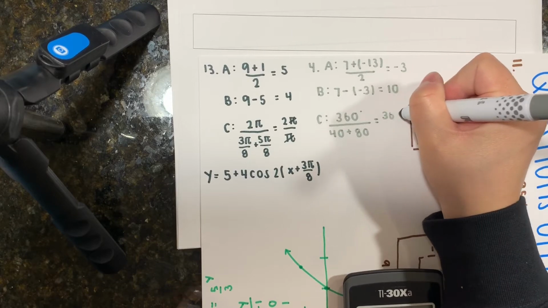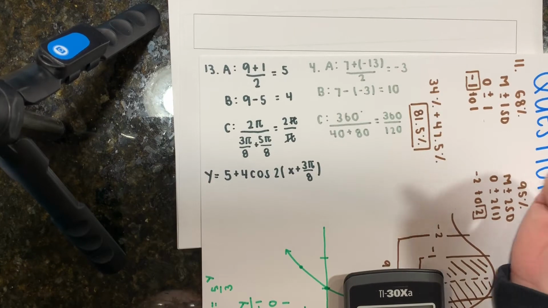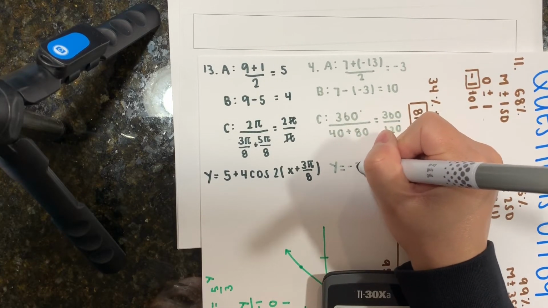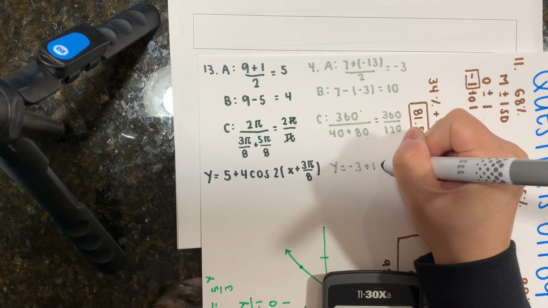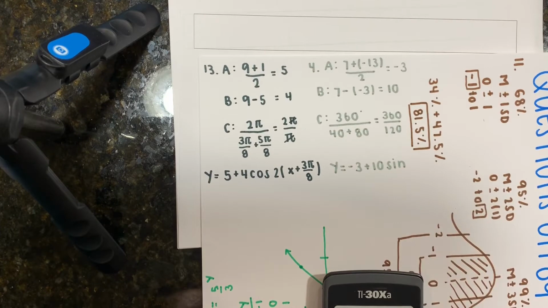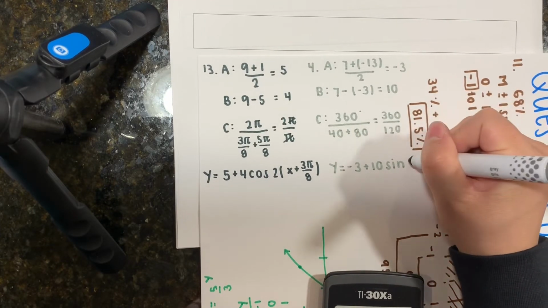Again, you want it to simplify to a fraction. So I'm going to write out my problem. It's going to be y is equal to A, negative 3 plus B, which is 10, sine C, which 360 divided by 120 is actually equal to 3.